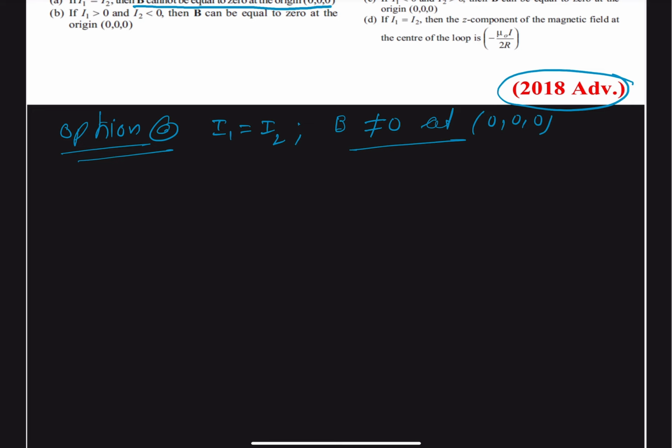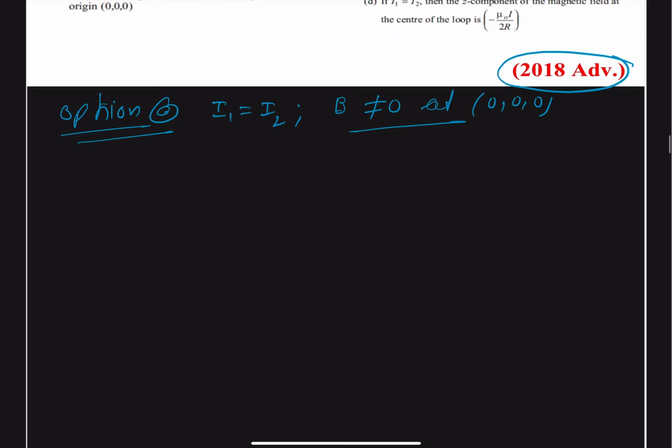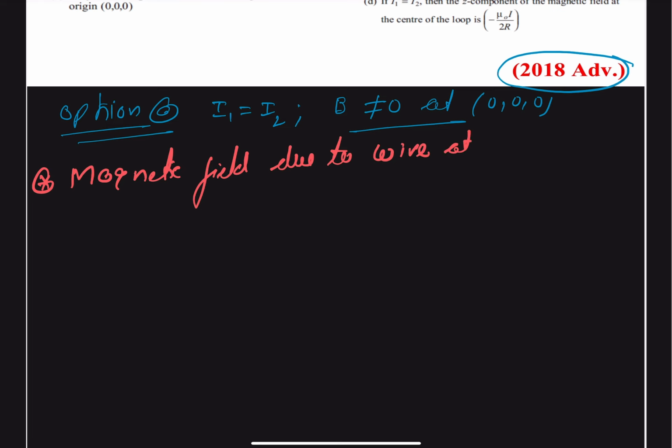So therefore, let us start with the field due to wires at the origin.